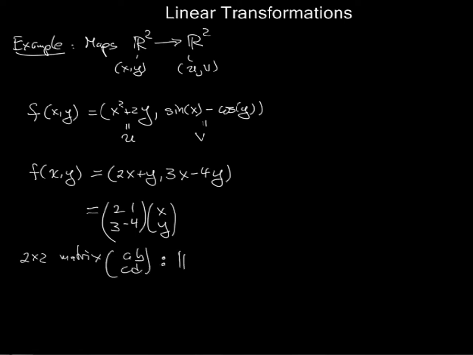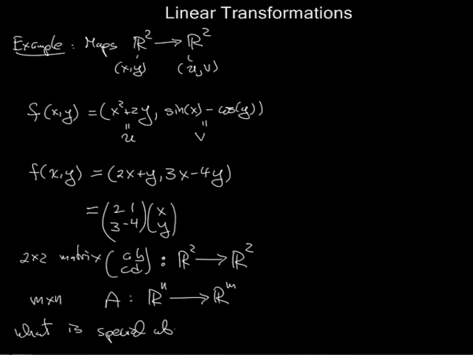And the general thing is a 2 by 2 matrix, which gives you a map from R2 to R2. Or more generally, an m by n matrix gives you a map from Rn to Rm. And what is special about these? How do you say what's important and different about maps between Rm and Rn which are given by a matrix?